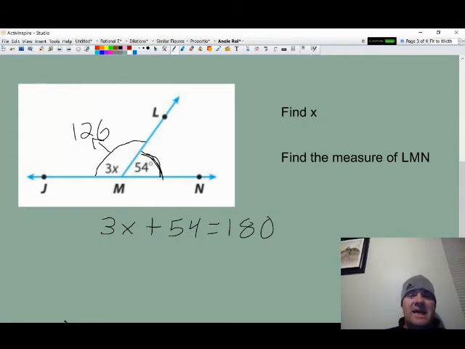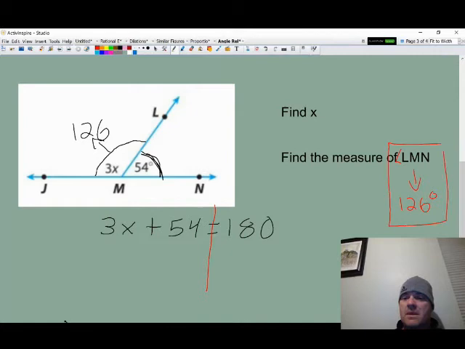You're going to see that right now because I'm going to solve this equation. By the way, angle LMN, I know that that angle is going to be 126 degrees. That is what we just found out here.